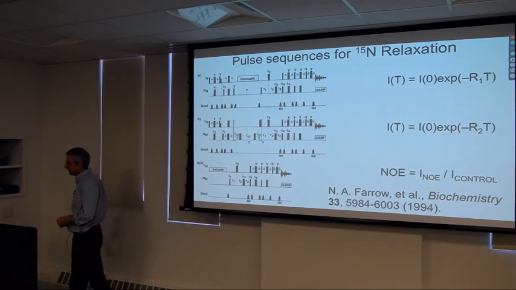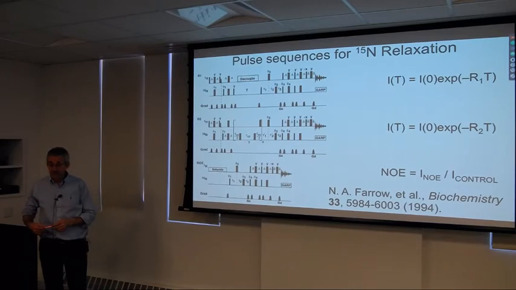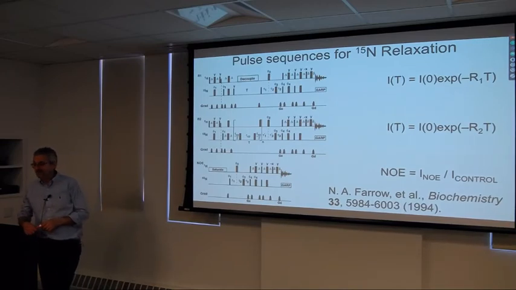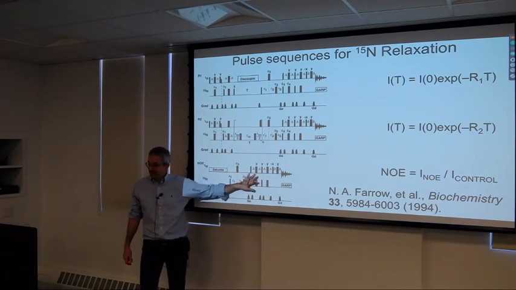But there's an even more insidious process, and that has to do with amide proton exchange. In this case, we're talking about the amide nitrogens. The hydrogens exchange with water, and the water could end up saturated at the end of this experiment because of water suppression.